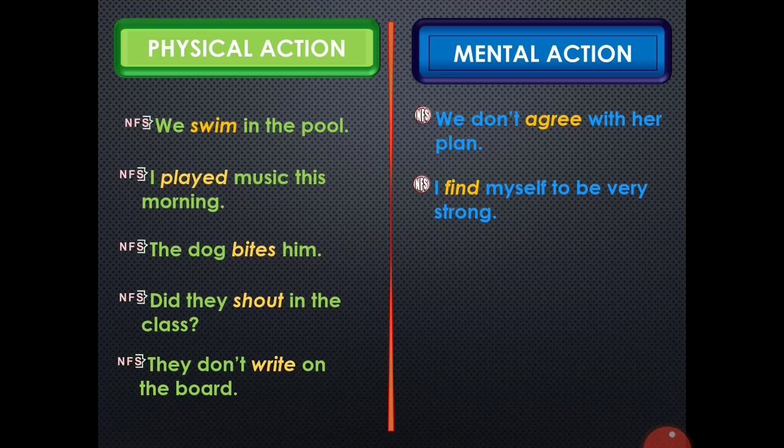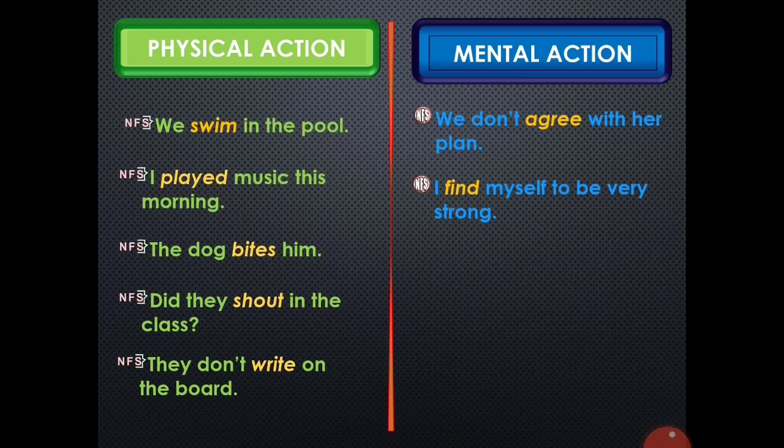I find myself to be very strong. That means you're imagining yourself to be very strong. Sometimes when you look at yourself in the mirror, you find yourself very ugly, right? For me, when I look at myself in the mirror, I find only handsome.